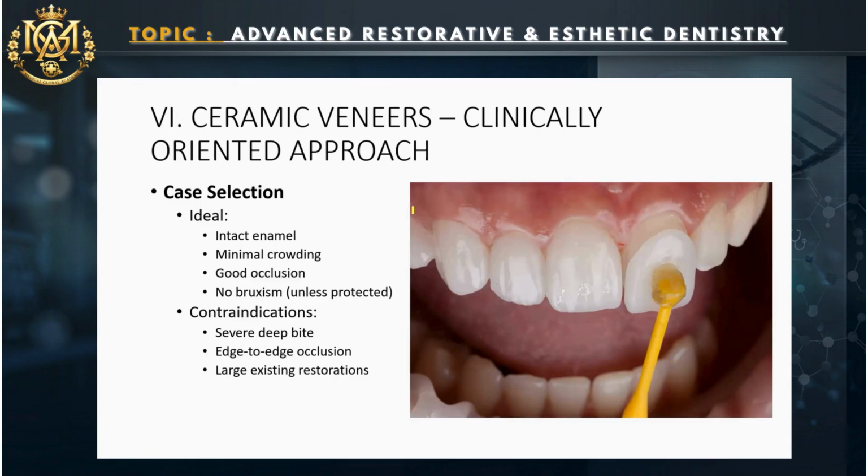The contraindications for ceramic veneer are severe deep bite, where the occlusal force is very high on the proposed restoration sites, edge-to-edge occlusion, and large existing restorations. In case of large existing restorations, the chances of ceramic veneer failure are higher.